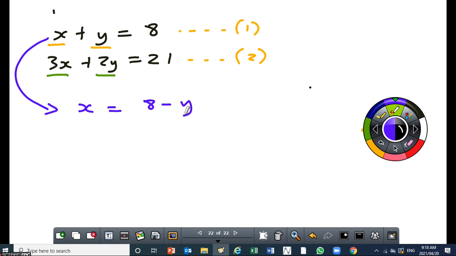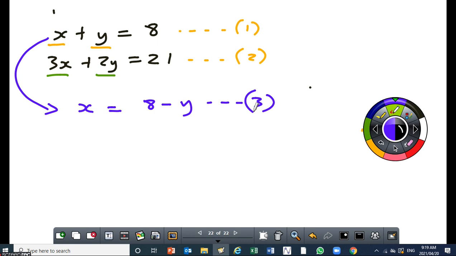Now, this new equation is actually equation 1. The only thing is that I made x the subject, so I can call it equation 3. But be aware that equation 1 and 3 are exactly the same. It's just that they are written in two different ways.